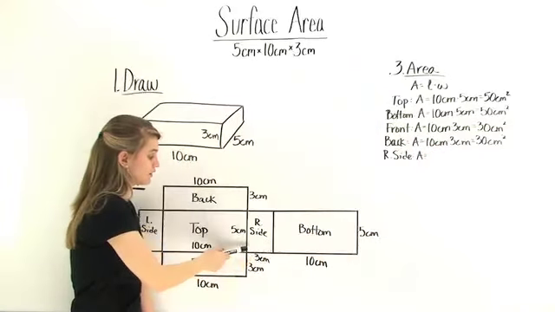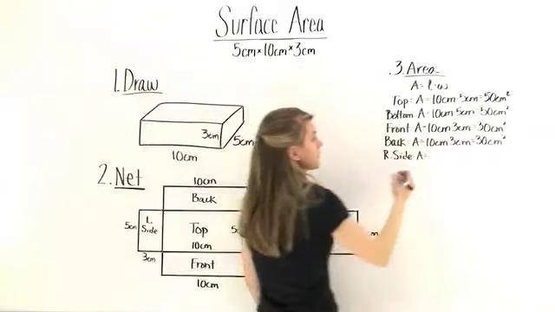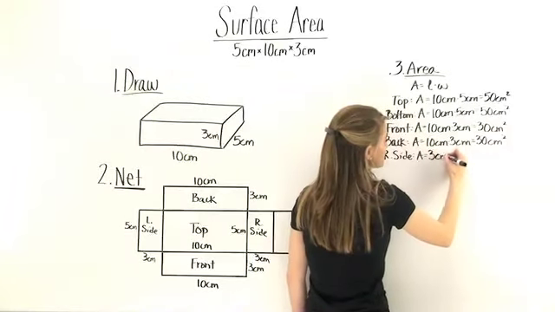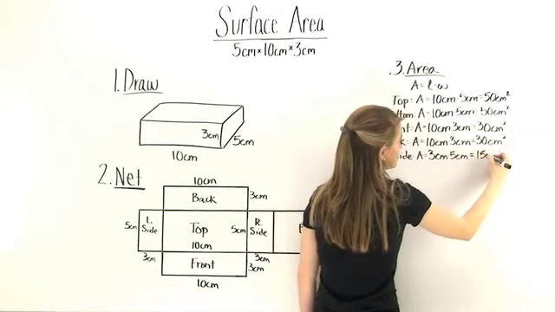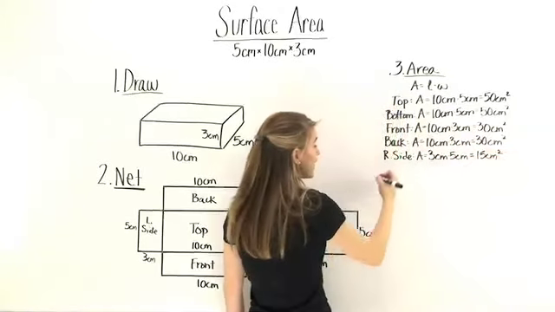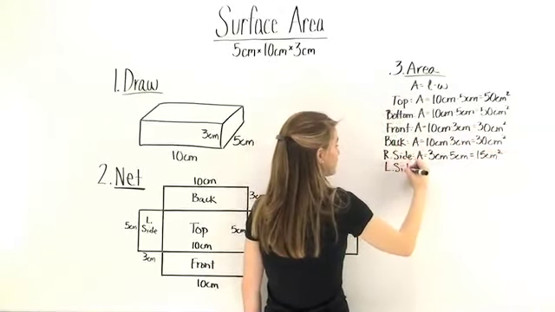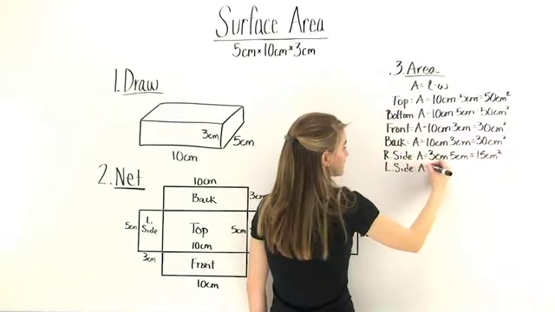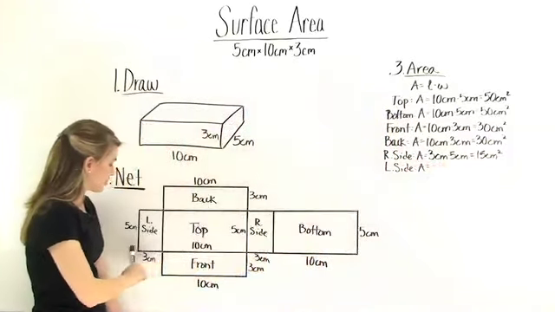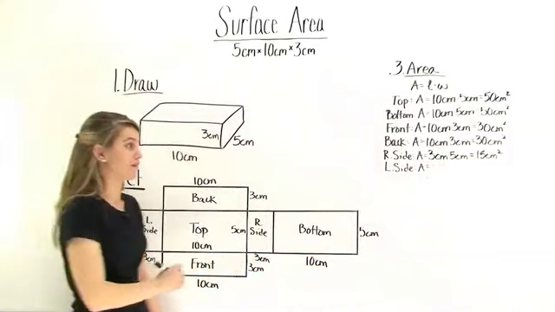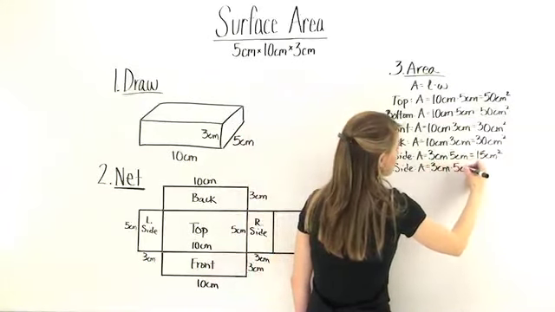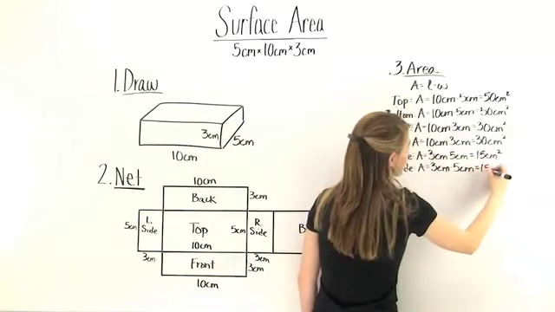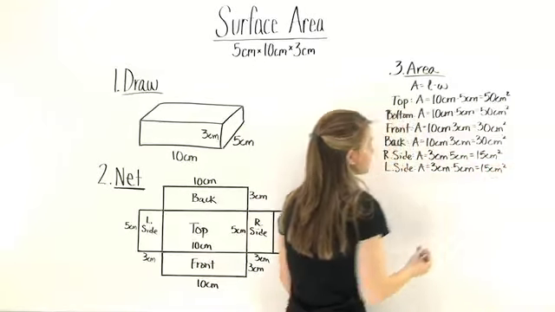So 3 centimeters times 5 centimeters is equal to 15 centimeters squared. Lastly, we have the left side rectangle. The area of the left side rectangle is equal to 3 centimeters times 5 centimeters, which is just equal to 15 centimeters squared.